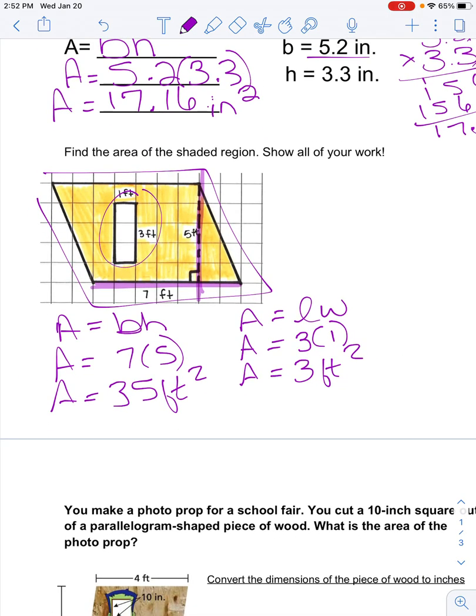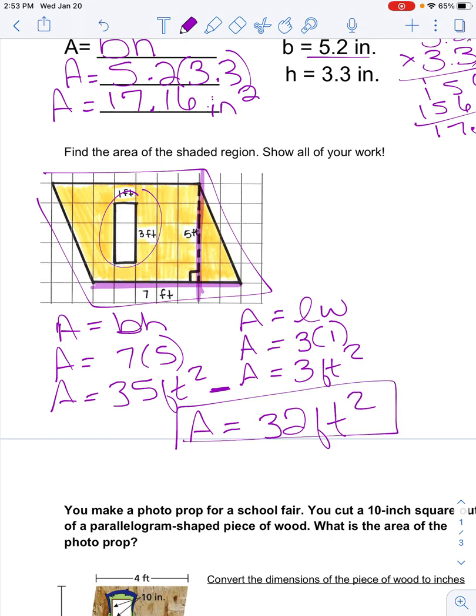So the entire parallelogram is 35 feet squared. The rectangle inside is 3 feet squared. We have to take out that rectangle, so I'm going to show a subtraction sign right here. So the area of the shaded is 35 minus 3, which is 32 feet squared. You have to take out that rectangle inside because it is not shaded.